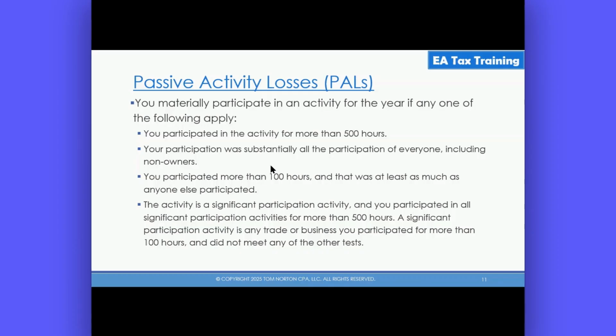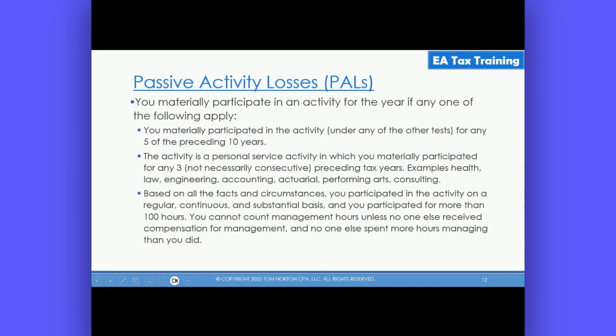So maybe you've got 3 activities, you put 150 hours into one, you put 200 hours into another, and 200 hours into the other one. So your total is 550 hours. So you've got more than 500 hours in total, and you've got more than 100 hours from any particular activity. Then you meet the test. Those are significant participation activities, and you qualify as having materially participated in each of them.